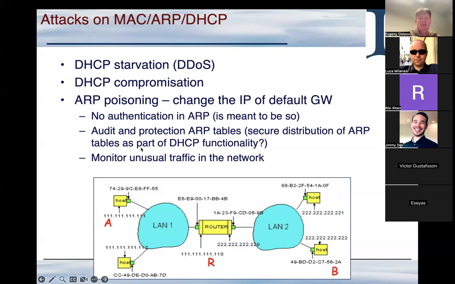And here, actually, the combination of the two makes communications on the local area network quite vulnerable to different kinds of attacks. So what kind of attacks can we think about? Well, it is a man-in-the-middle attack in the first place.